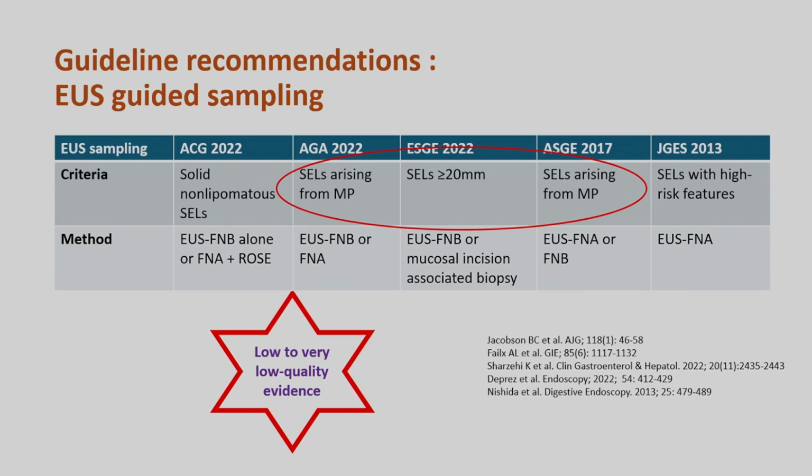Lesions arising from the muscularis propria, or more than 2 centimeters, should undergo EUS per various guidelines. You need a sample, and FNB is the way to go. FNA with ROSE is also useful, but EUS FNB is the most common modality because FNA with ROSE is not available in all institutes.